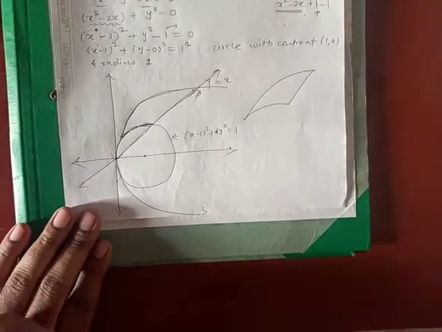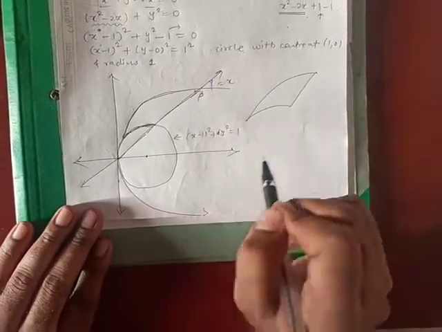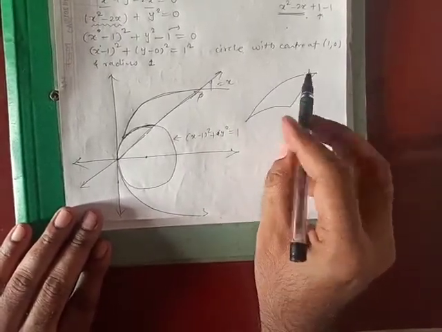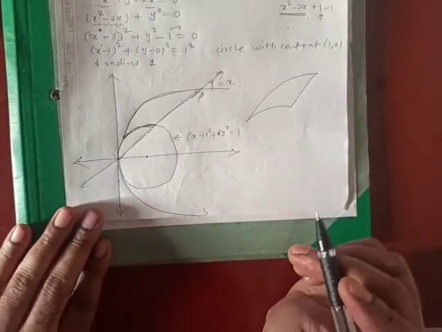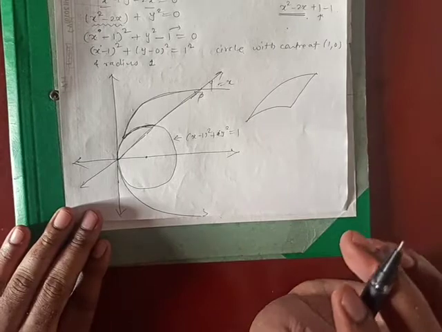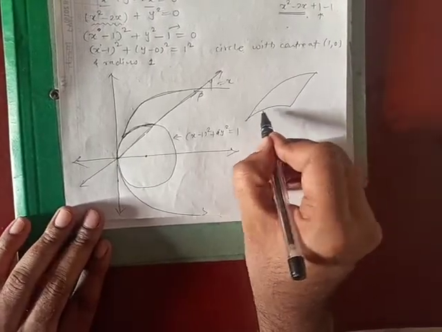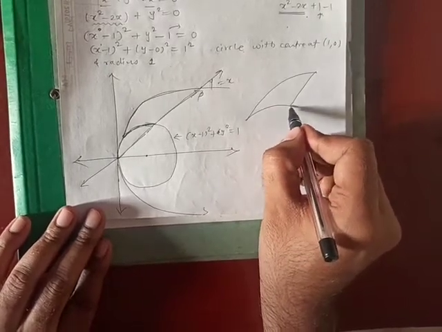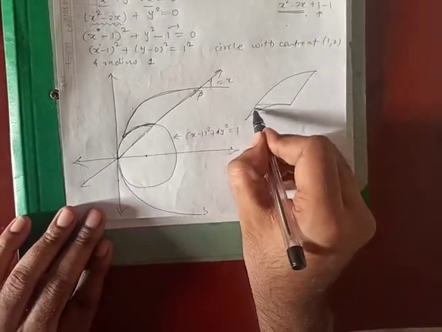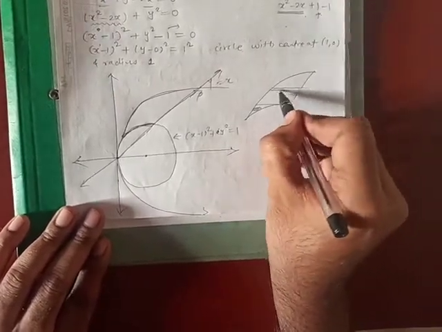Alright, now again you can take either strip parallel to y-axis or x-axis. As you can see, you have to divide this region into two sub-regions irrespective of the strip being parallel to x-axis or y-axis. If you take a strip parallel to x-axis, then this will be one strip and the second strip will be here.